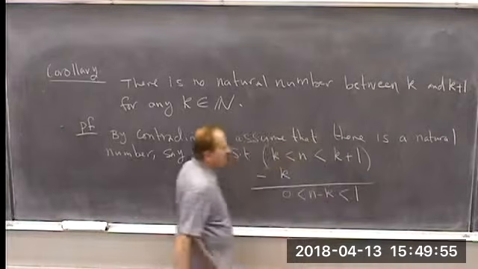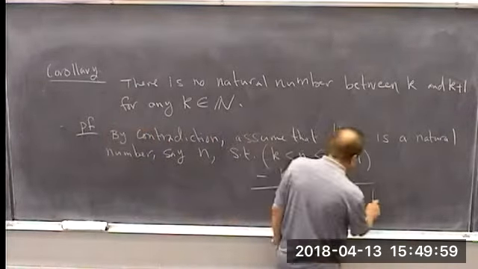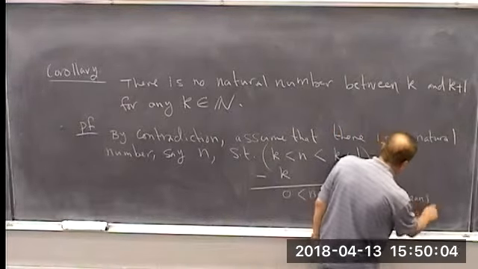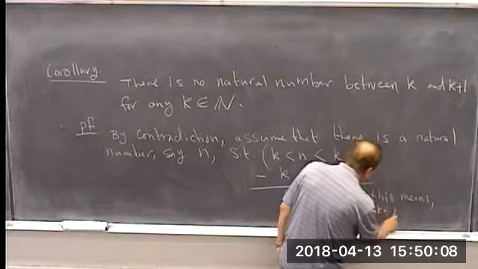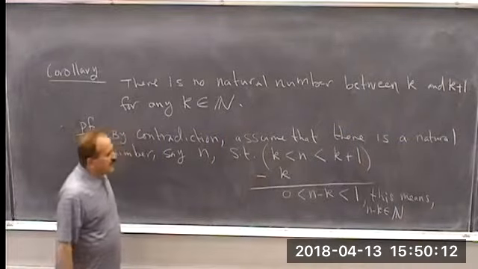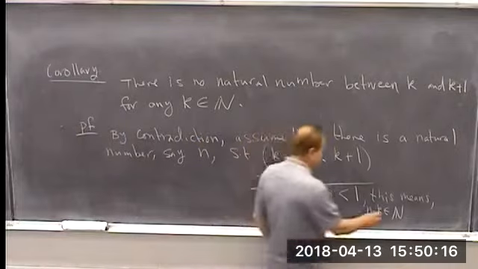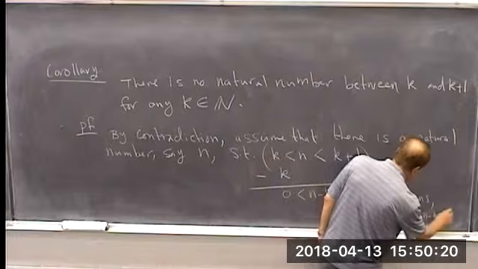Now, this statement says that n minus k is a natural number. It's bigger than 0, and it is smaller than 1.